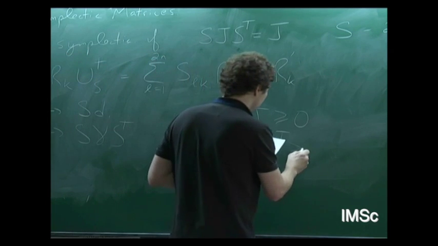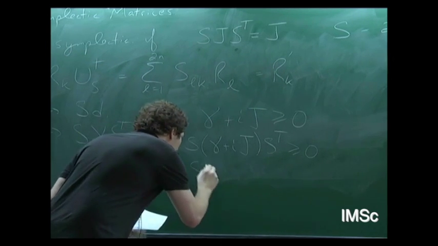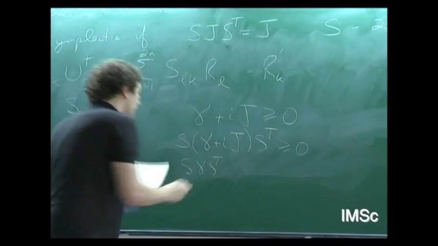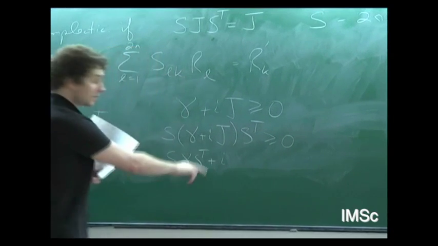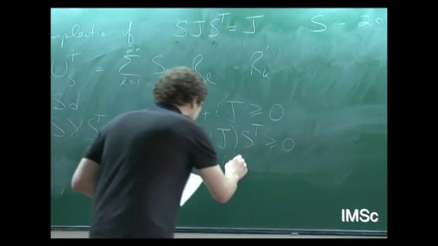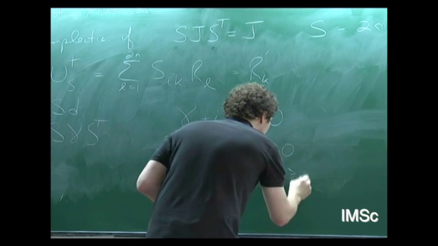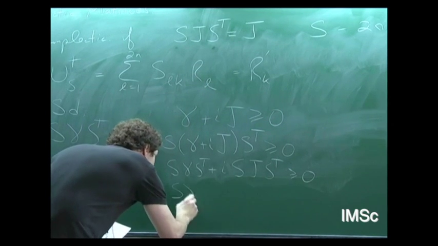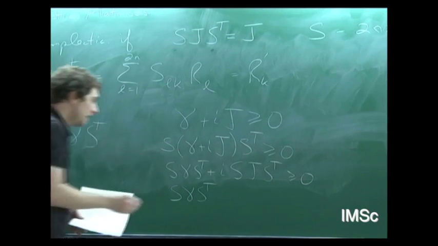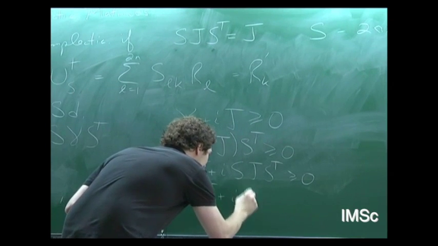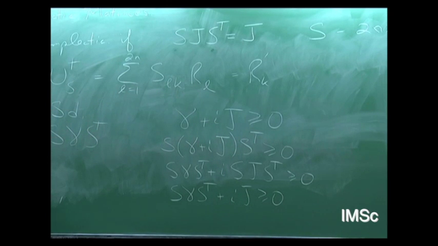So this thing's also going to be positive semi-definite. But I can write that fact as just the new covariance matrix plus i S omega S transpose. That's going to be positive semi-definite, which is just a nice sanity check that the new covariance matrix I got also satisfies this property of physicality. So this is still a physical state.